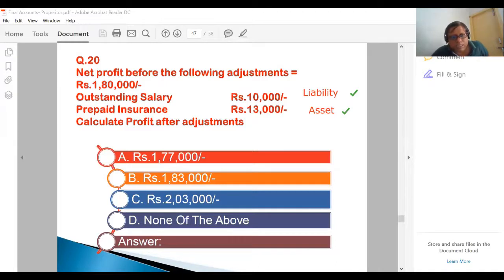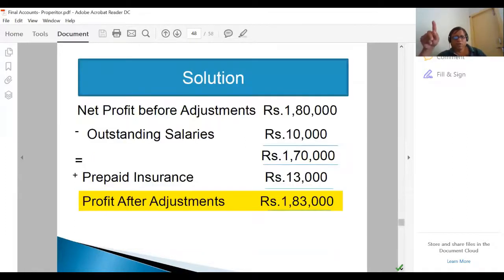Outstanding salary is liability. Prepaid insurance is already paid in advance. That is asset. So net profit before tax may not form part of this.